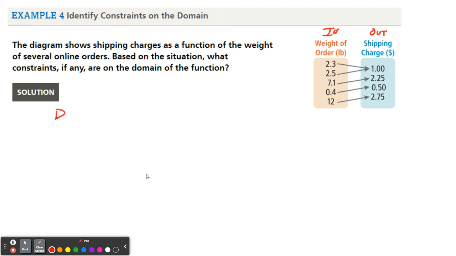So I believe that your domain, or your weight, must include values greater than 0. Greater than 0, and that would be in pounds.